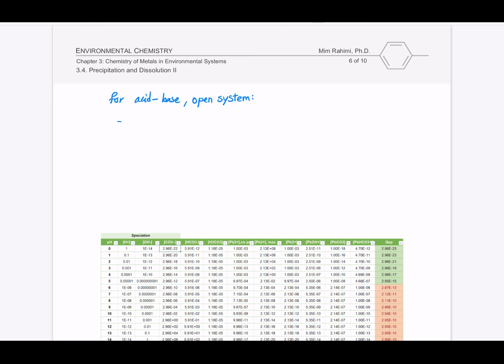We know the concentration of H2CO3 is fixed, is a function of the partial pressure of CO2 and Henry's constant. Once we have that, we can calculate the concentration of other species. So bicarbonate in this case, and carbonate.